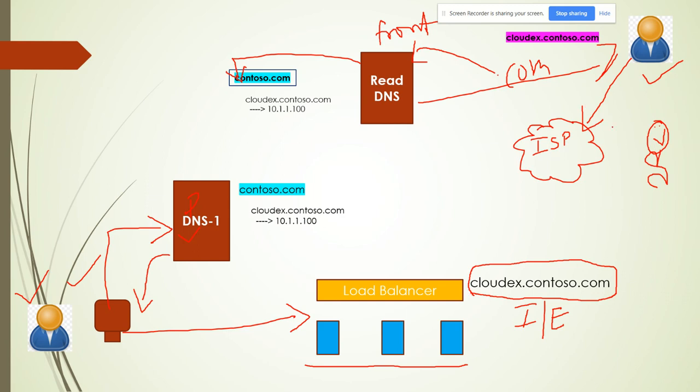And once it receives the response, it connects directly to the load balancer server. Of course, there are some security layers configured on premises for how to access this load balancer. But based on this query, it will connect to your load balancer and access the application.